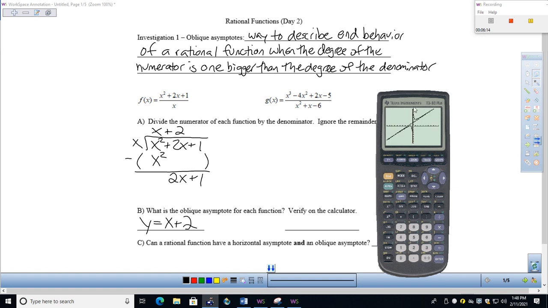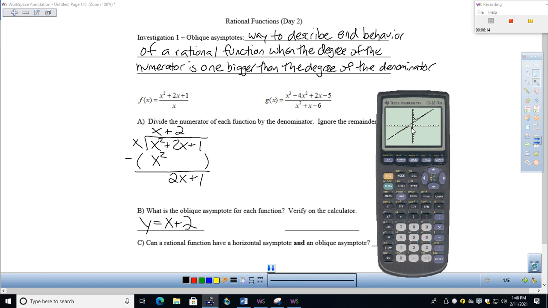So you can see this curve as we look at the function values. Do you see they're getting infinitely close to our oblique asymptote as x gets larger and larger and larger, getting closer and closer to that oblique asymptote?